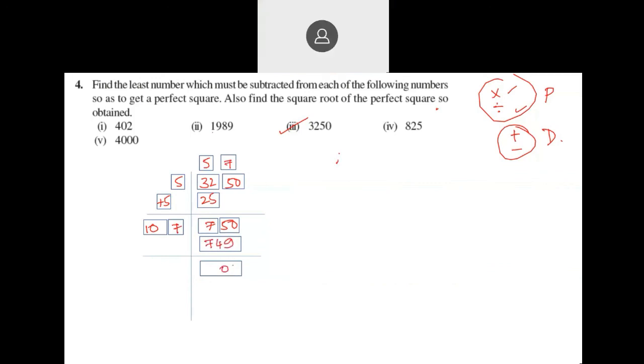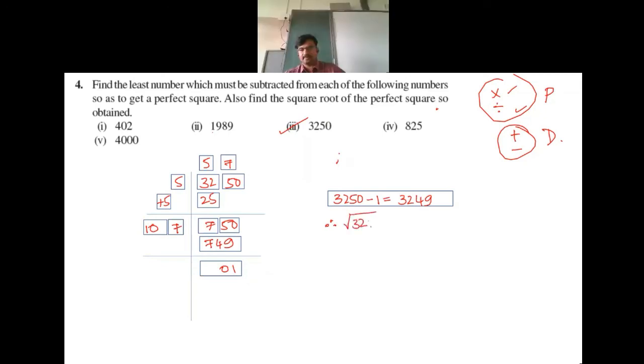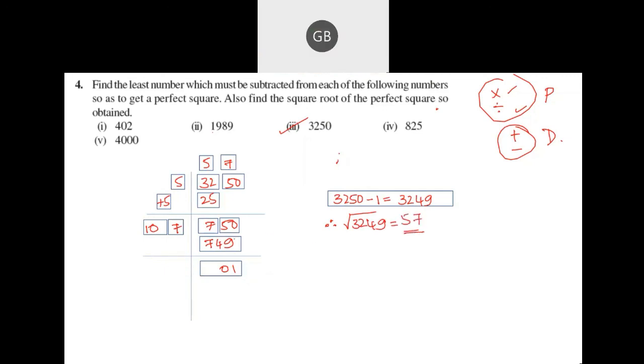Here 1 will remain. So when 1 is remaining, we should subtract it. 3250 minus 1, we get 3249. Therefore, the square root of 3249 is 57. Isn't it easy?